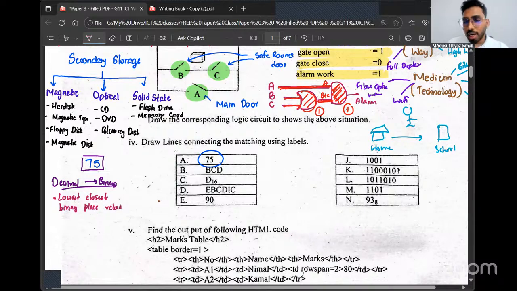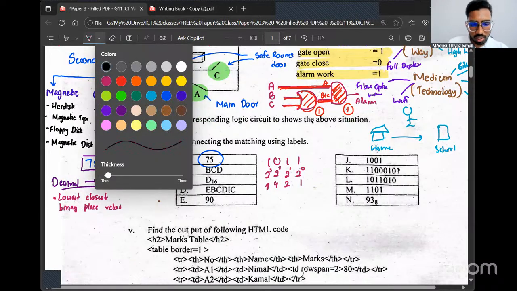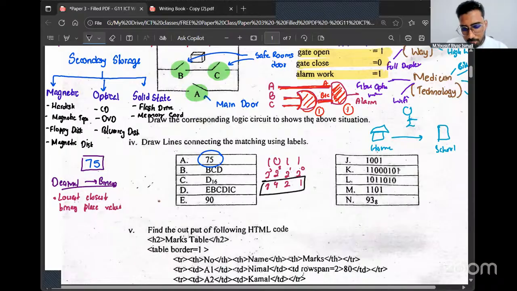Now, how do you get binary place values? If you have a binary number like this, the place values go as 2 to the power 0, 2 to the power 1, 2 to the power 2, 2 to the power 3. This is basically 1, 2, 4, 8. So these are binary place values. That's how the binary place values go.